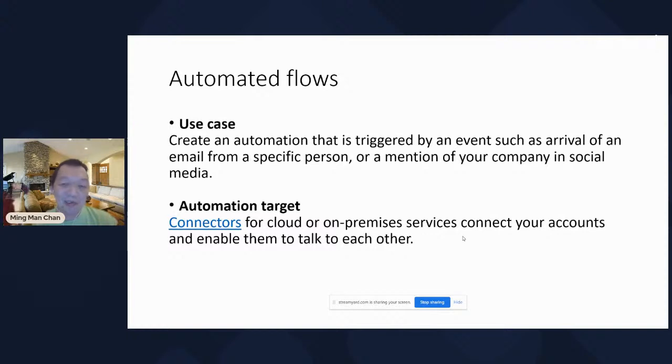With automated cloud flows, your flow is always triggered by some event. I will give you an example: when you create a file in a certain folder in your SharePoint, when you receive an email from someone, or when you copy or create a file in a certain folder.